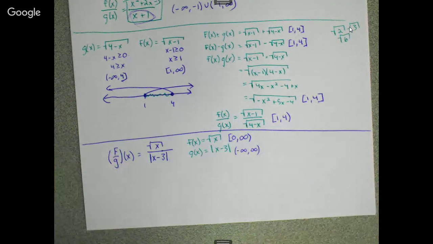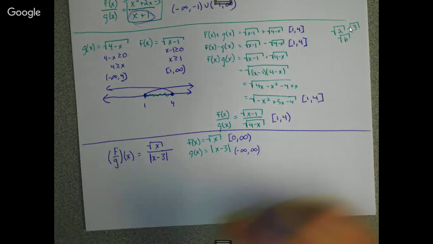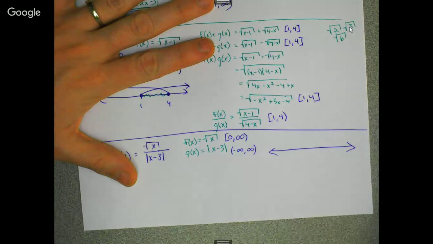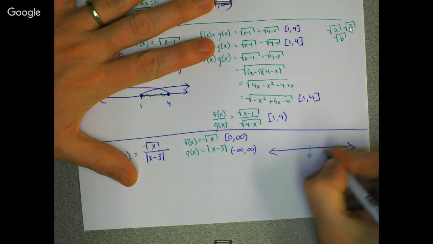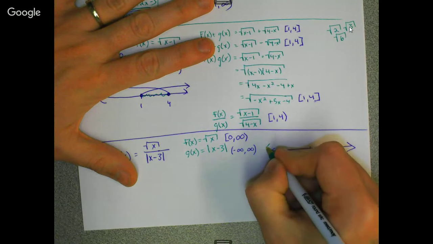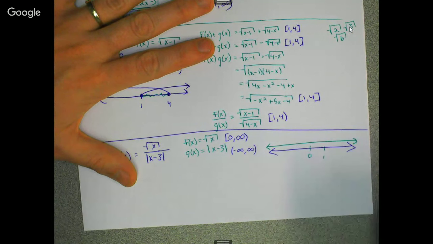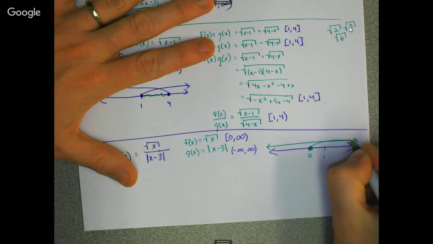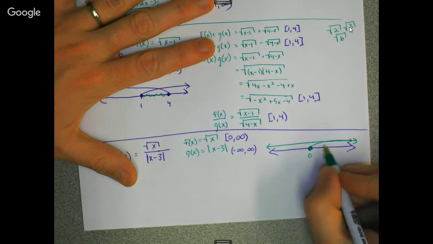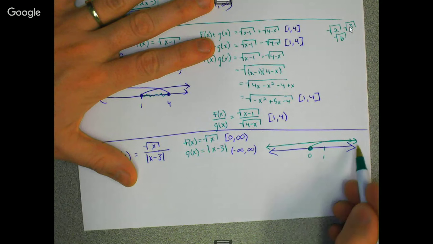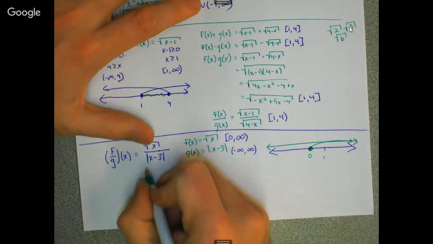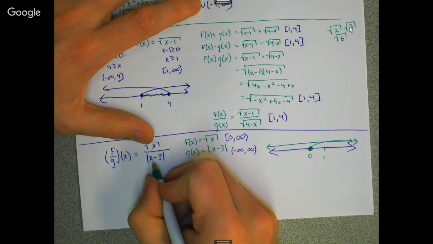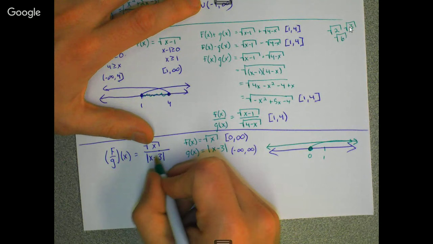Okay. But we want where they overlap. And if I look at the graph, here's 0, here's 1. I have negative infinity to infinity, and then I have 0 to infinity. So where do they overlap? They overlap from 0 to infinity. Okay, so that's the base of this. But we also have to look at this denominator and see what makes that 0.